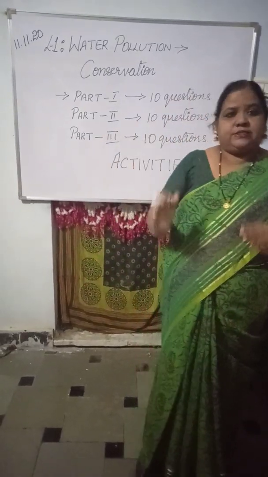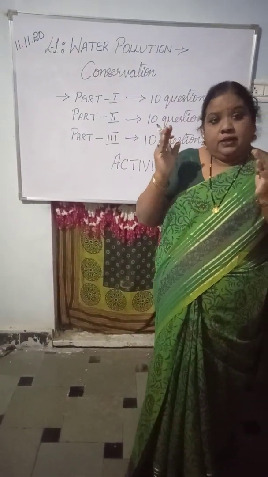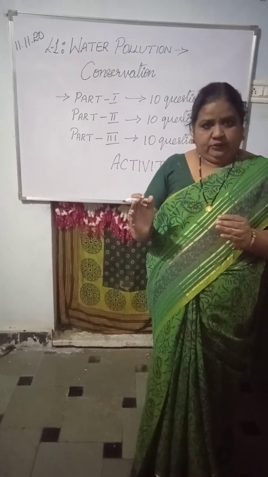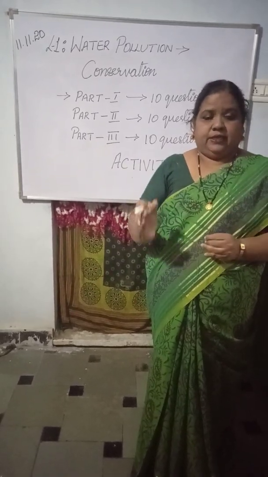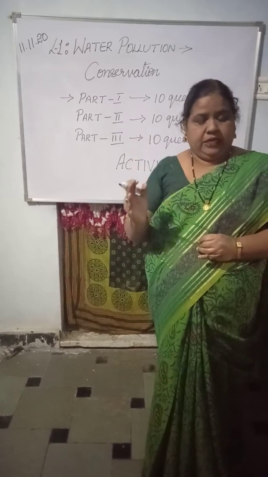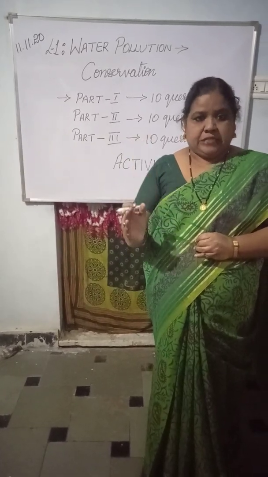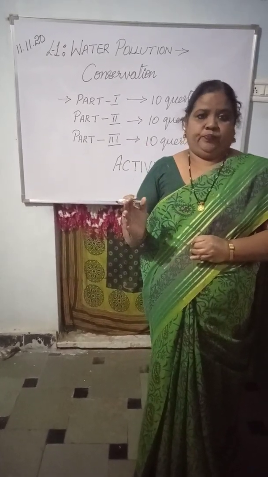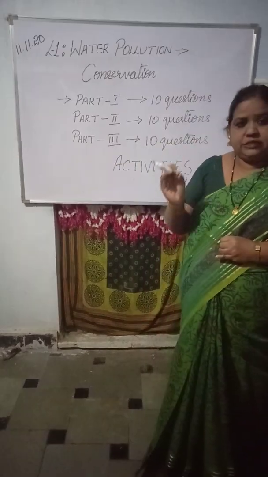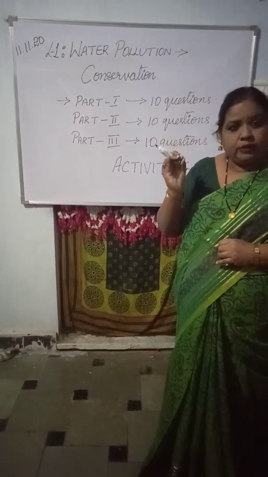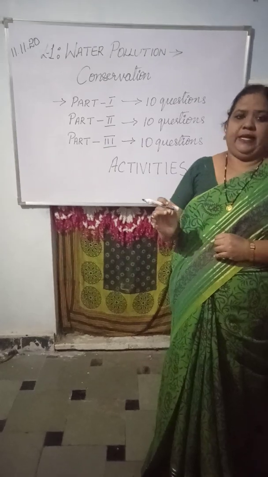Okay, so you have to listen to the explanation. While I explain the lesson, have your E.V.S textbook with a pencil and the rough book. You have to listen to the points we are explaining.